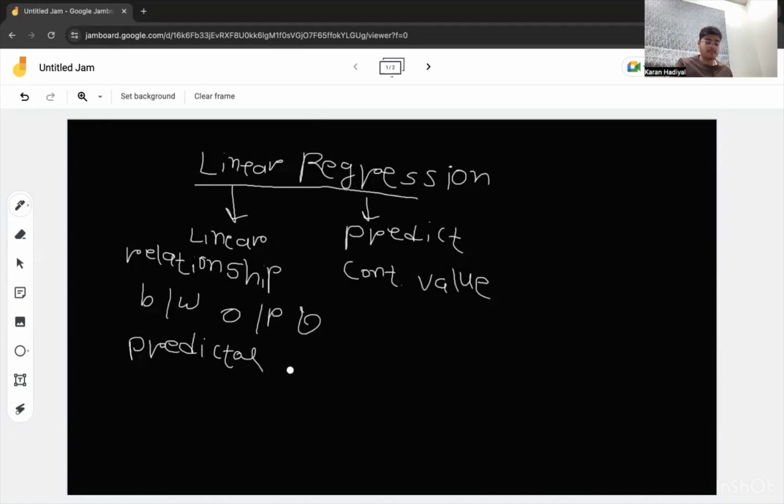Now there are basically two types of linear regression. First one is simple linear regression, and second one is multiple linear regression.